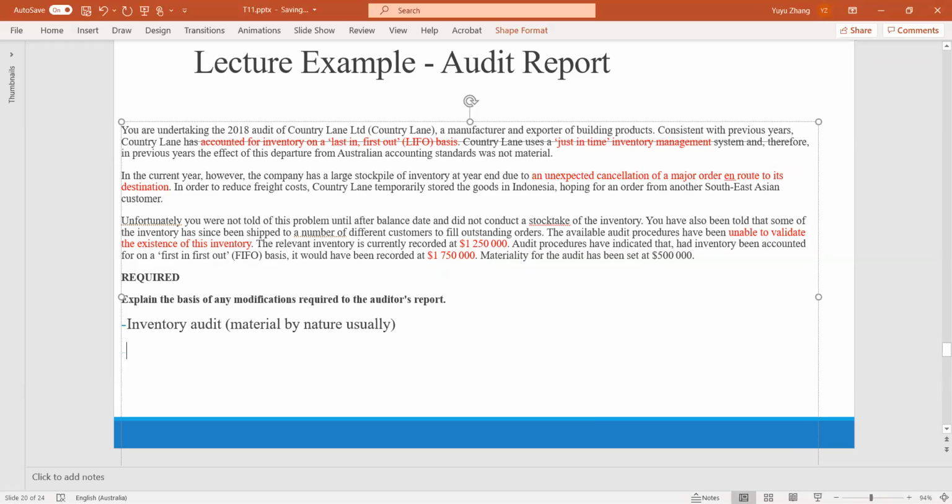Okay. Second, what is the problem? So use LIFO. That is deviation from accounting standards. Not allowed. So also seems to be quite material by nature. Is that right? What could be the other problem here in this case?